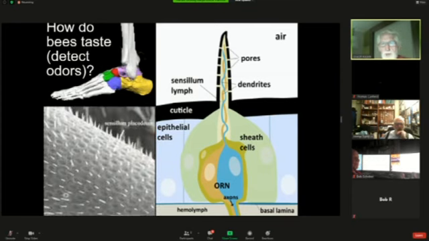And here is a micrograph from an electron microscope showing these structures, these sheath cells with the nerve ability to be sending the pickup of these molecules onto the bee's brain to know that it's smelling whatever these molecules provide.